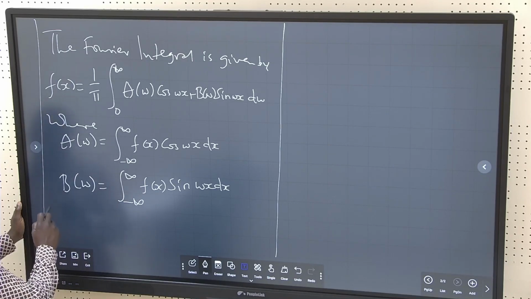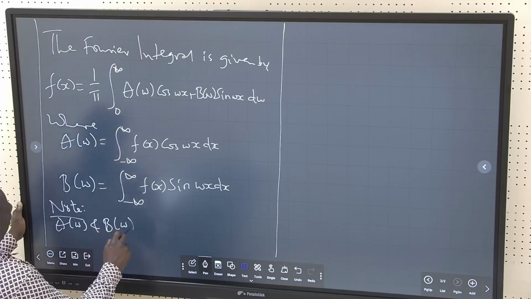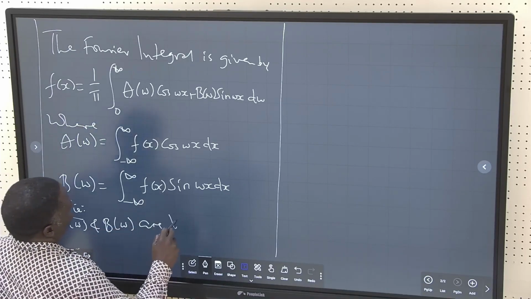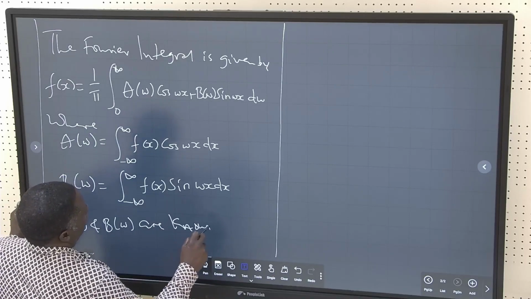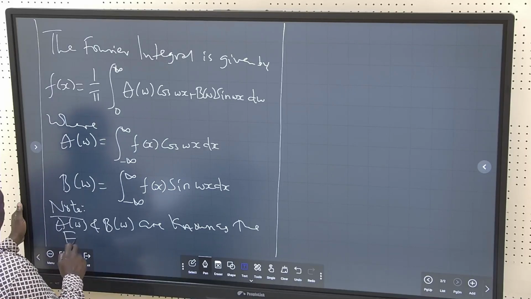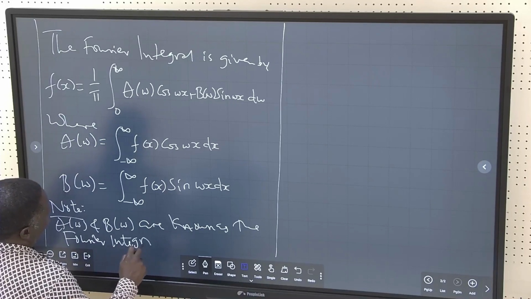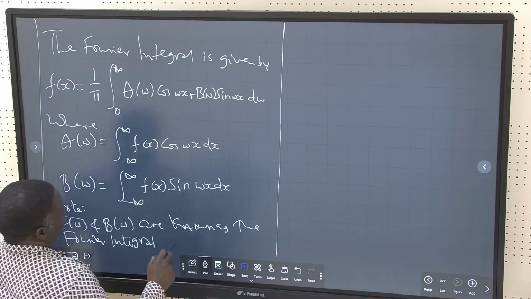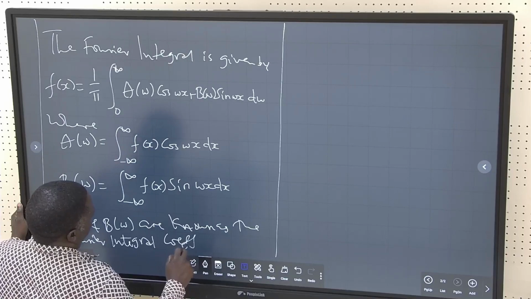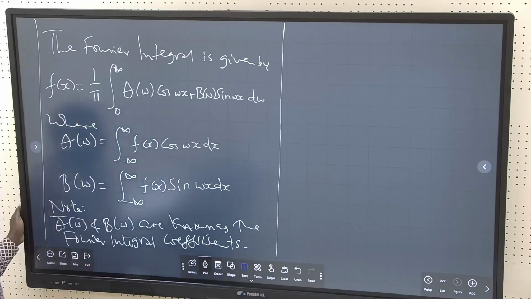So a omega and b omega are known as the Fourier integral coefficients.